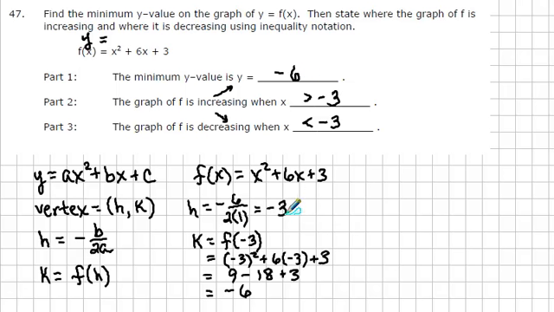Now in order to sketch a graph of the parabola, we can plot the vertex. In this case our vertex is the point (negative 3, negative 6). So let's go ahead and graph that first. So we'll draw our x-axis.